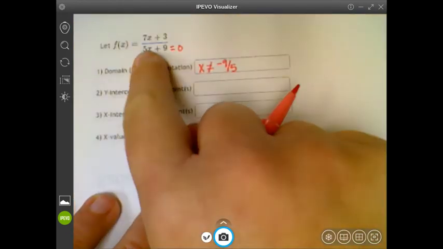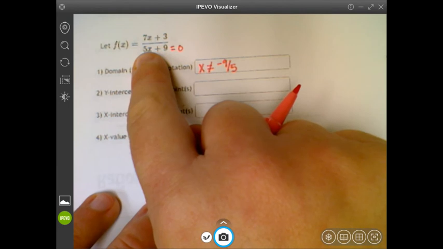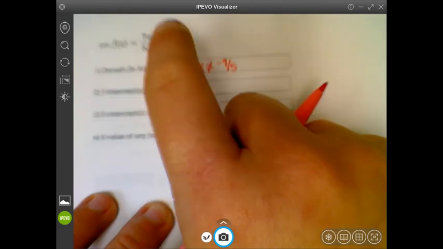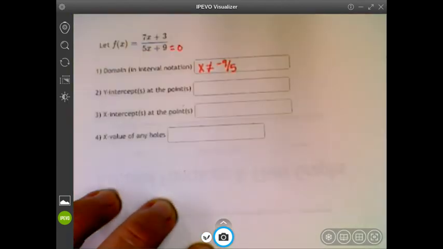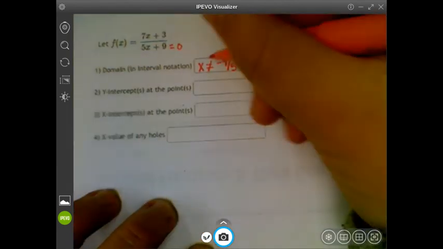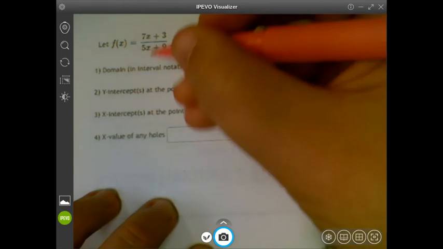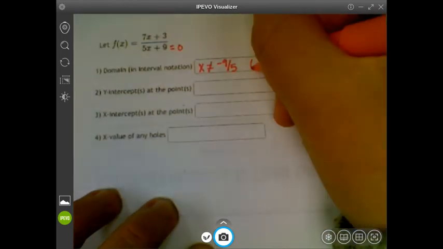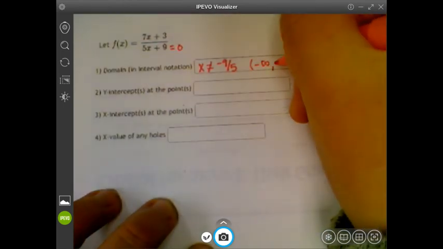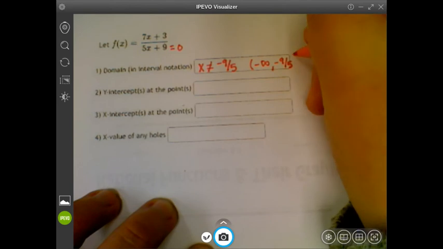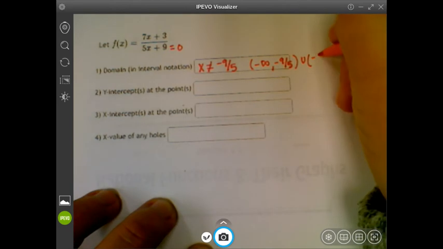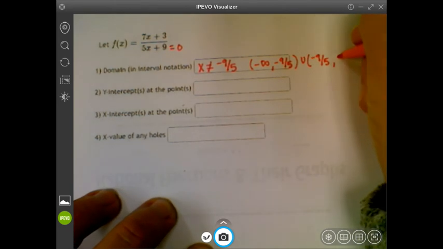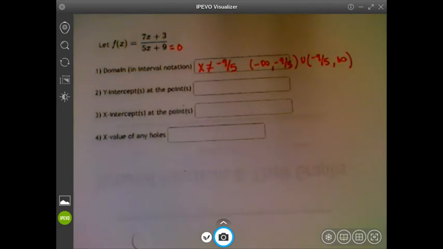If you plug in negative 9 over 5, you'll get a 0 in the denominator and we'll divide by 0. You can't do that. So it can't be negative 9 over 5. We need it in interval notation. So we'll say negative infinity to negative 9 over 5, union negative 9 over 5 to infinity.